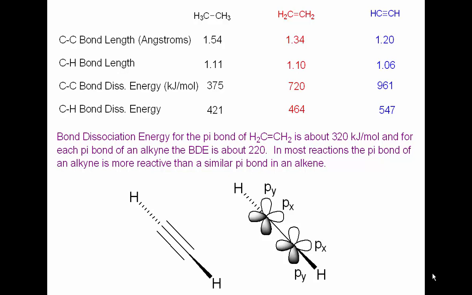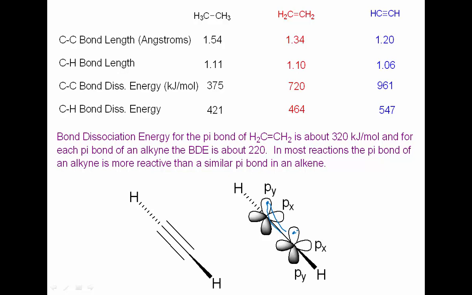Okay, so remember that in an alkyne we have two pi bonds, and the easiest way to illustrate it is through this angle that I'm showing right here. Alright, so we have two pi bonds. Remember, the pi bond comes from overlapping p orbitals that are parallel to each other.